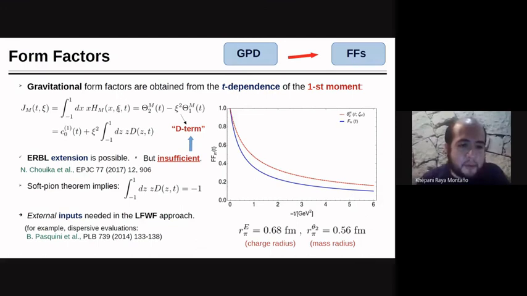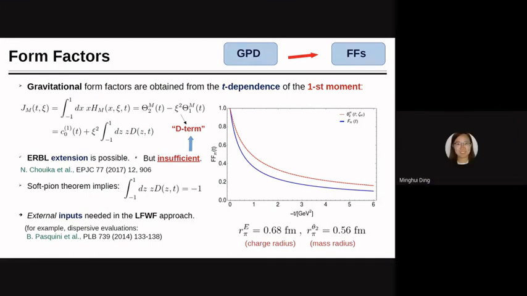And so this is important. At some point, we will need to perform the ERBL extension so that we can fulfill the polynomiality requirement. We can only satisfy it with zero skewness.